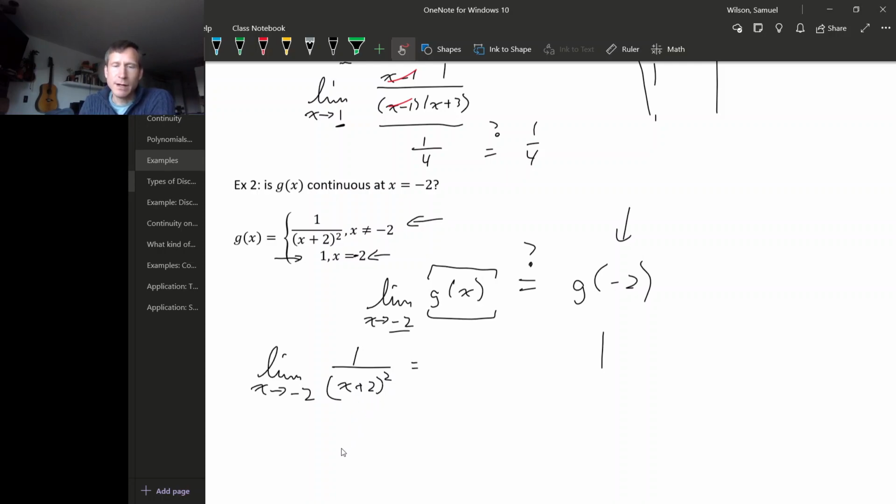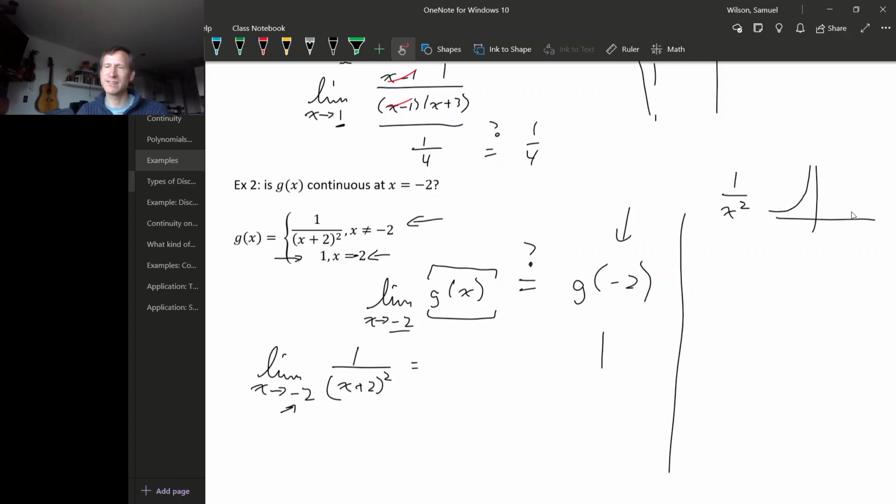All right. Now this rational function isn't continuous at minus 2, so we can't just plug in the minus 2. Instead, we have to think about what happens to this function as x gets close to minus 2. Well, this 1 over x plus 2 squared is just a shifted version of 1 over x squared. And we know what 1 over x squared looks like.